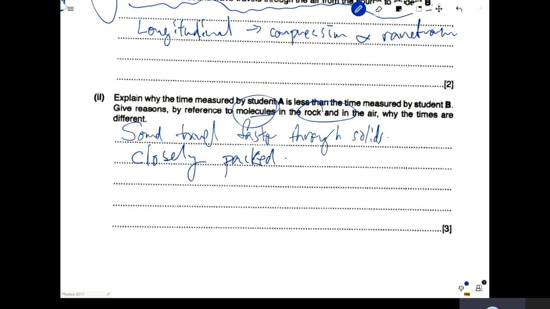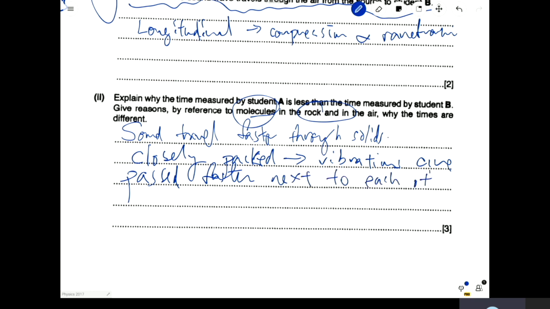Now because they are closely packed, what happens to the vibrations? Can they be passed faster? The vibrations are passed faster because the particles are next to each other, right?